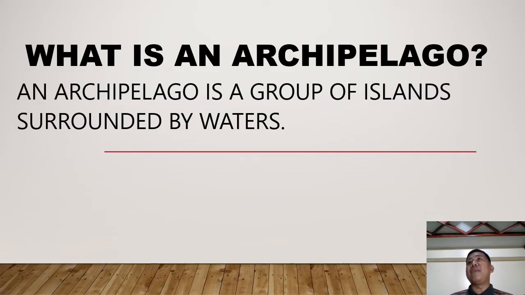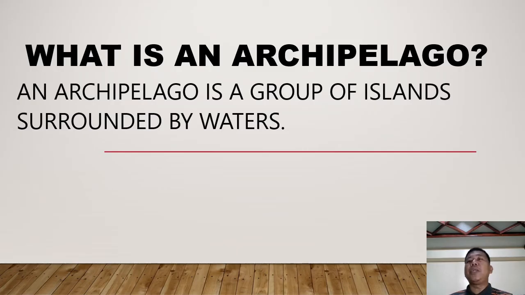We have 7,107 islands as reported, but there are newly discovered islands totaling about 856. So that is an addition to the existing 7,107 islands. And we are second only in the number of islands to the Republic of Indonesia.